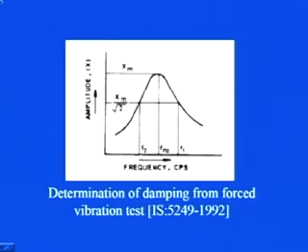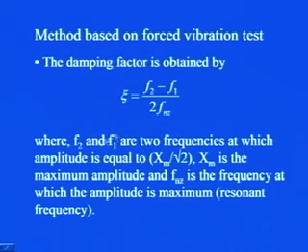The difference of f1 and f2 is used to determine the damping factor by this expression: zeta is equal to f2 minus f1 divided by 2 fnz, where f2 and f1 are the two frequencies at which the amplitude is equal to xm by square root of 2, xm is the maximum amplitude, and fnz is the frequency at which the amplitude is maximum, that is, the resonant frequency.